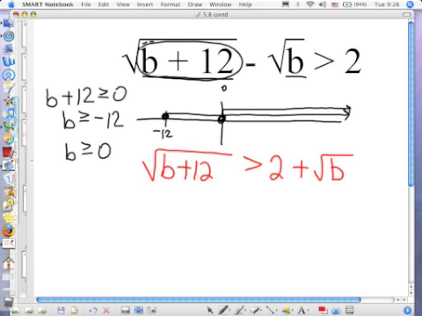Okay, I have isolated one of the radicals. It is time to square both sides. Now on this side, I simply get rid of the radical and I have b plus 12. But on the right-hand side, that turns into what type of problem? FOIL.